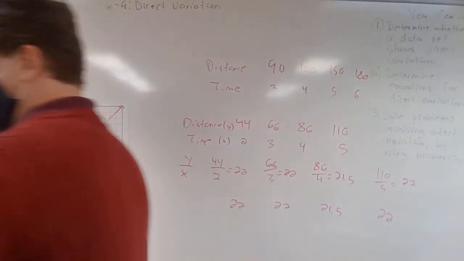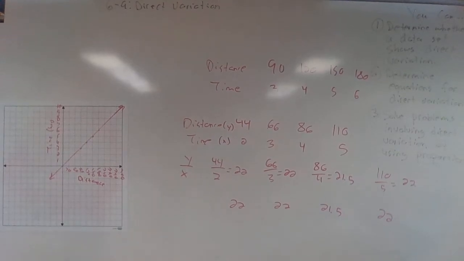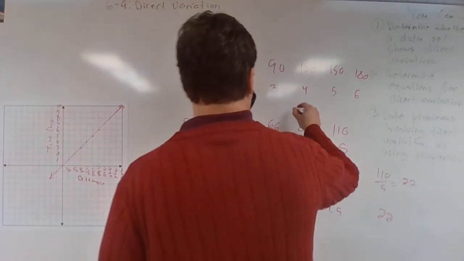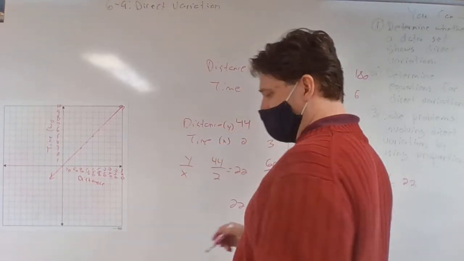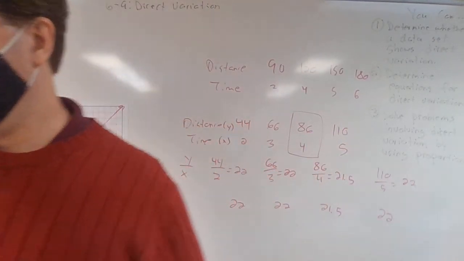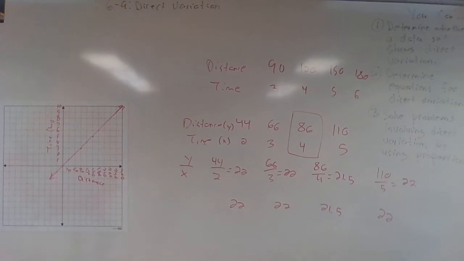Direct variation, yes or no? No. Why not? Because it's different. What's different? That number. My 3rd point. It's the imposter. My constant, slope, is different than the other 3, isn't it?